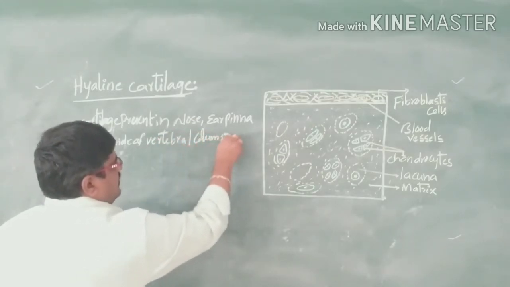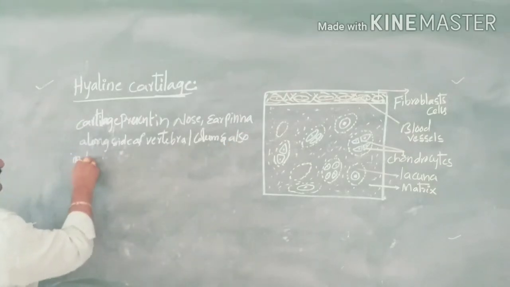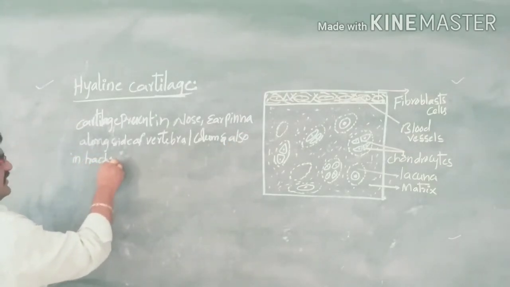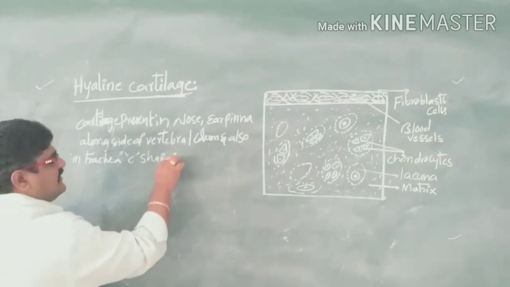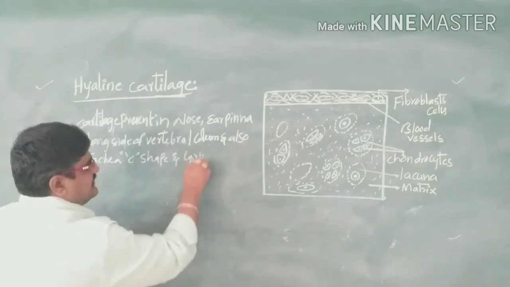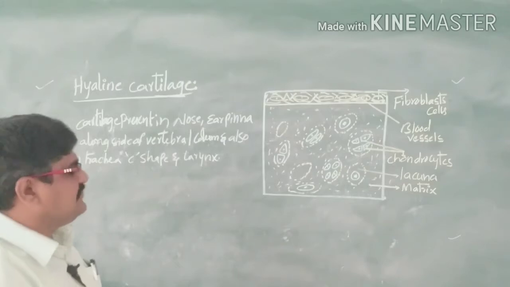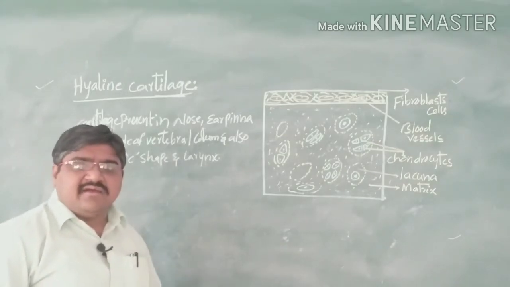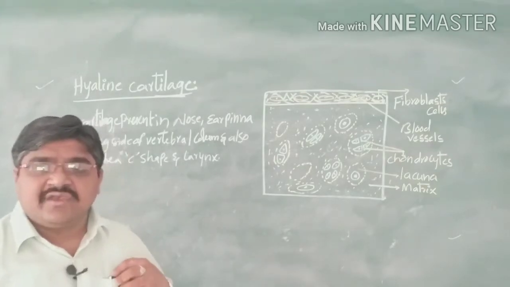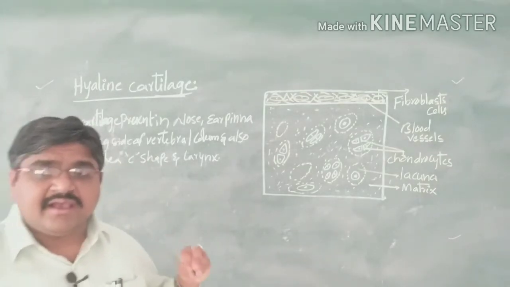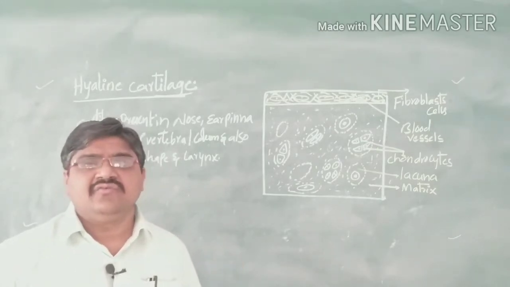It is also present in the trachea in the form of C-shaped cartilage, and in the larynx. Cartilage is a semi-tough, transparent layer. An example of cartilage is the hyaline cartilage, which we will discuss.